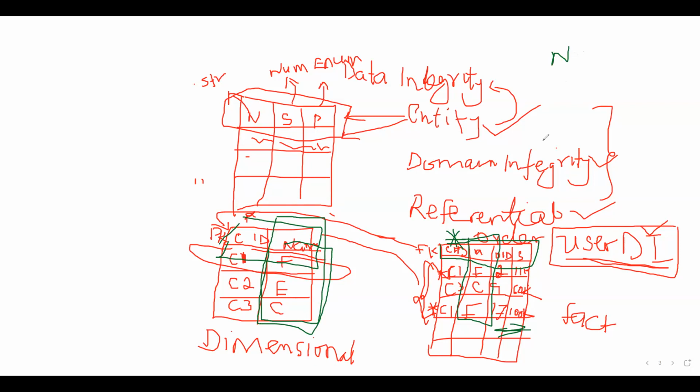Remove redundant data. Eliminating redundant data, for example, storing the same data in more than one table, is what we call redundant data. And that's what database normalization does.